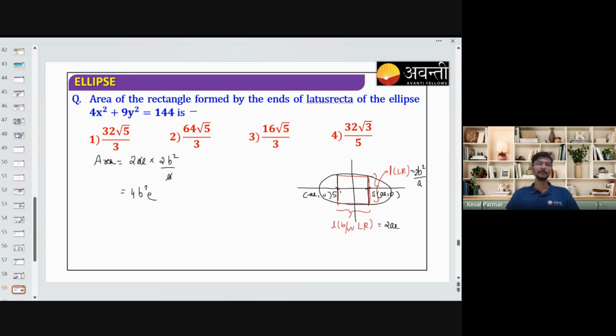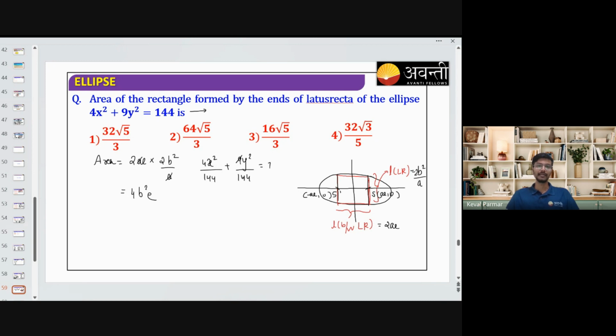Now see this ellipse. I have to divide the ellipse by 144. So I'll get 4x square upon 144 plus 9y square upon 144 is equals to 1.